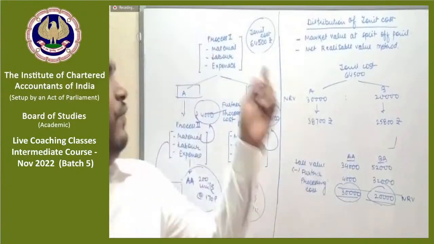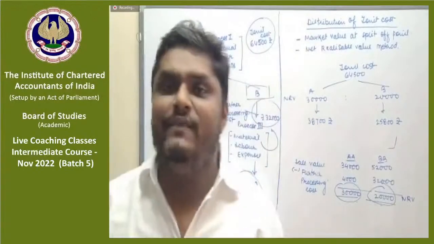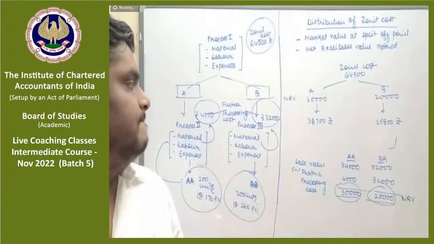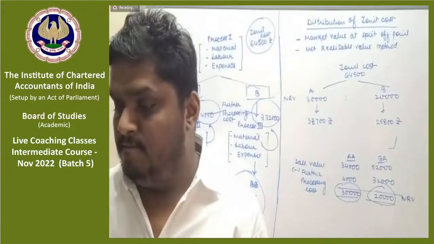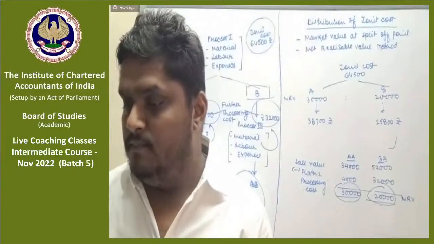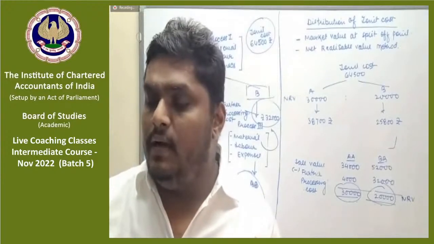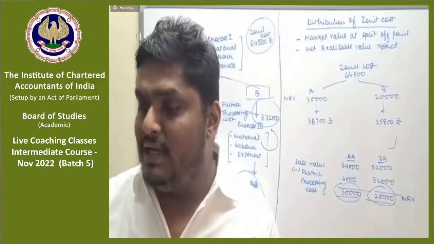Yashashri, 64,500 is the joint cost that is given in the question. Waiting for your answer, Rekha. If you have any doubts, you can ask me.